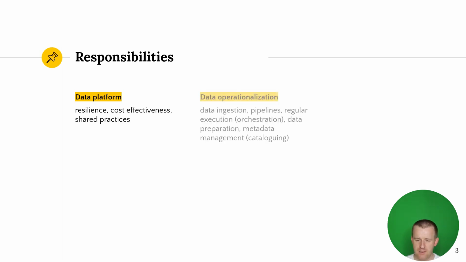The second responsibility is about data operationalization. So here is how to write the jobs, the data processing logic, in order to avoid manual actions. Here we will obviously use things like data orchestrators, like CI/CD pipelines to deploy jobs, to define the deployment logic for streaming jobs, for example, to avoid service interruption if possible.